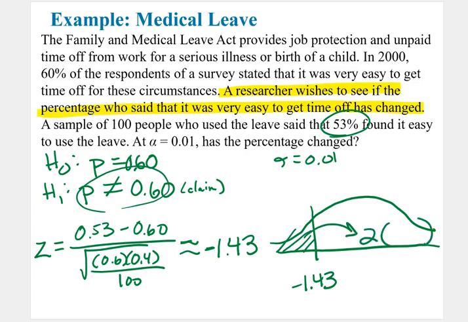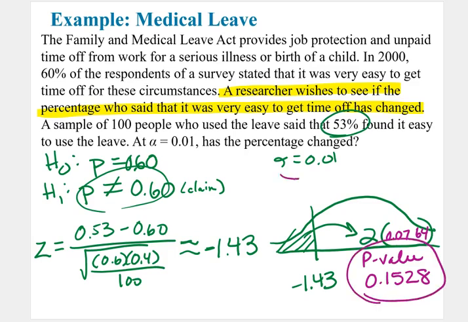So I'd go look on my z-score chart at negative 1.43, and I would find that that area is 0.0764. I would double that, which would give me a p-value of 0.1528. Okay, notice my p-value is much larger than my alpha.